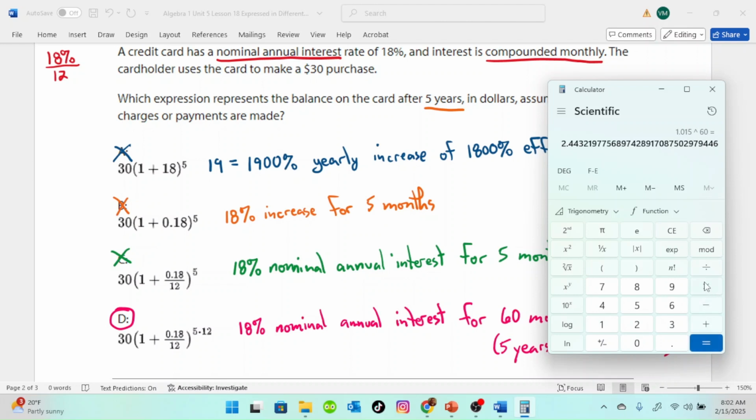And now we multiply this by the original $30 purchase. And you would actually owe $73.30 on that original $30 purchase.